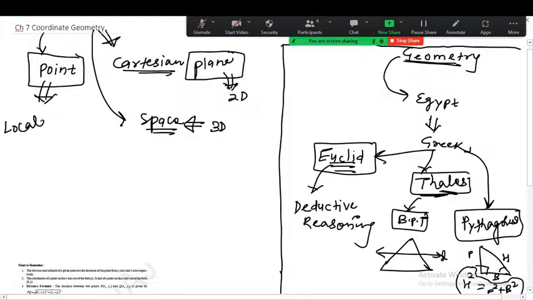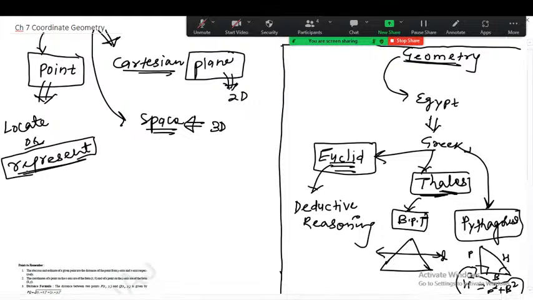To locate or to represent a point, we need a relative approach. What is that relative approach? Suppose you want to specify where your residence is. You will put some landmark. What is the nearby place? In this way, you will locate where you are residing right now.